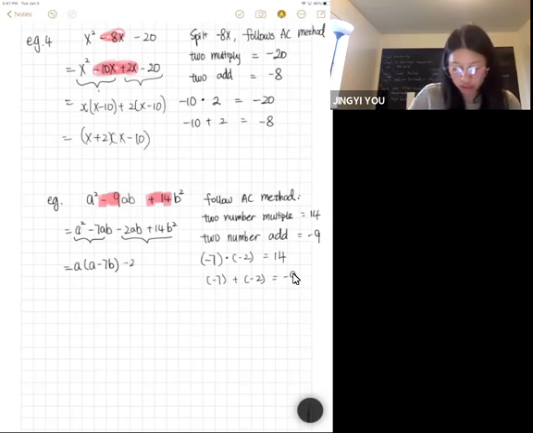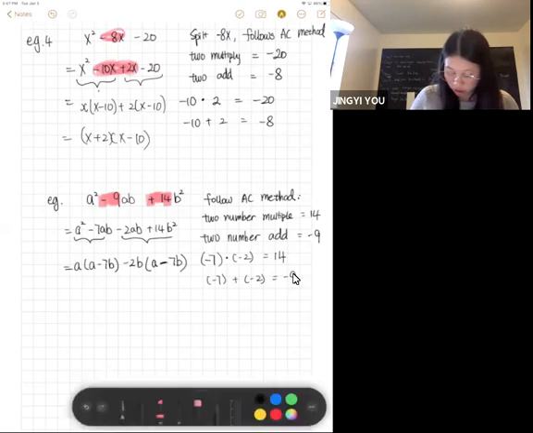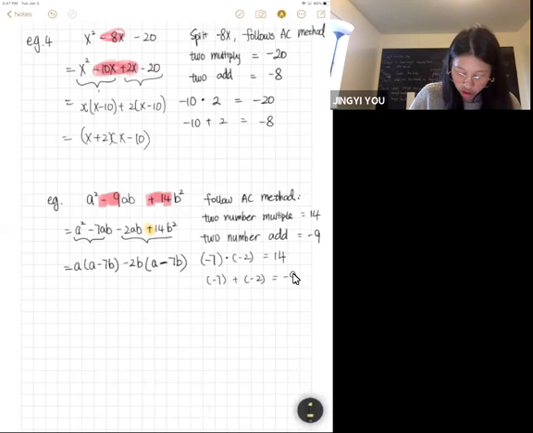Let's try -2b. So 14b squared divided by -2b should equal negative, so you need to change the sign, to 7b. The sign changed because there's a negative here.